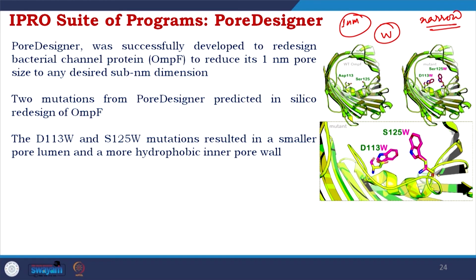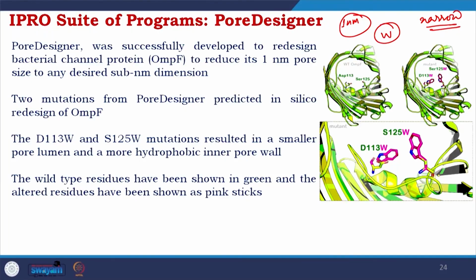So, what they did, they identified residues around, they kept mutating them, they optimized the rotamers and then calculated the energy to see whether the mutations are stable or not. If stable, then what are the sizes of the pores. The wild type residues have been shown in green and the altered residues have been shown in pink sticks, as you could see here.